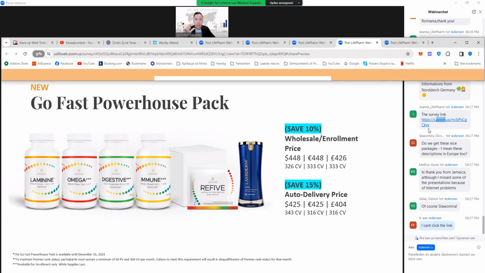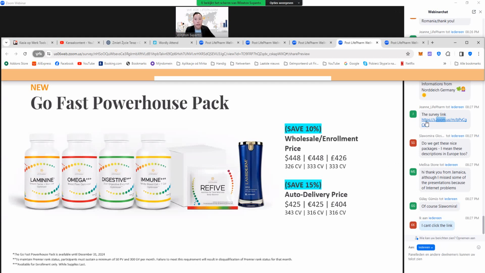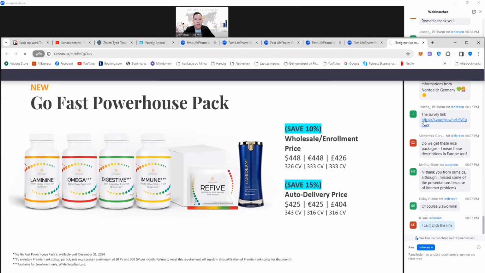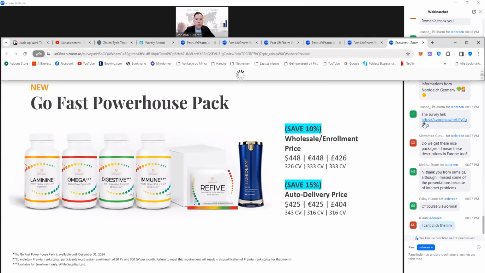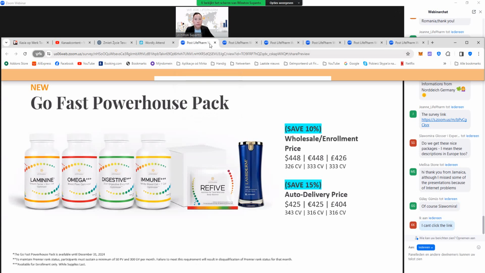It also comes with an additional 10% off, right? And the best thing is that if you enroll with a Powerhouse Pack, you jump to Premier Rank automatically for 12 months. So if you know somebody that needs their entire biological system turbocharged and turned into a powerhouse, why not recommend them the Powerhouse Pack?